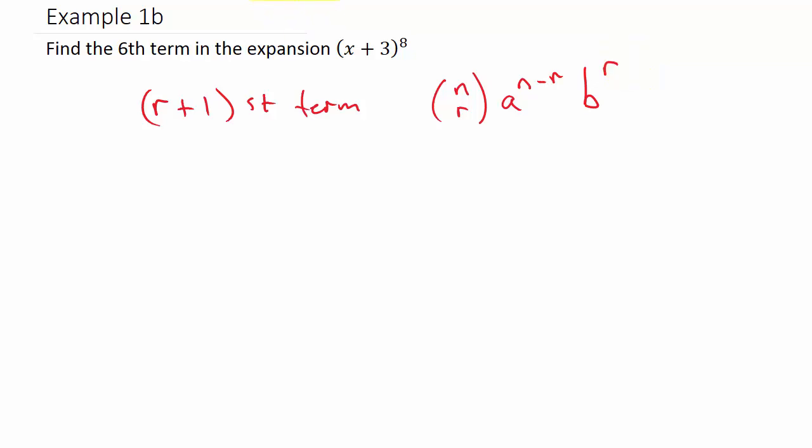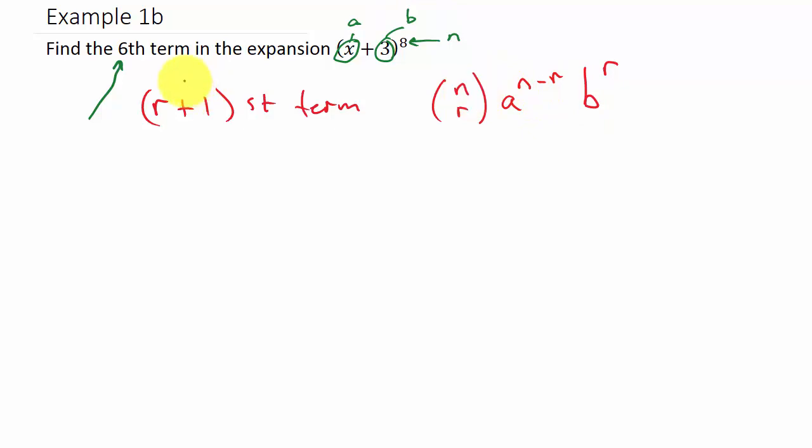And remember from the formula, the first term is a, the second term is b, the exponent is n, and the term that we're looking for is the sixth term. All we're going to do is plug all this into the formula.